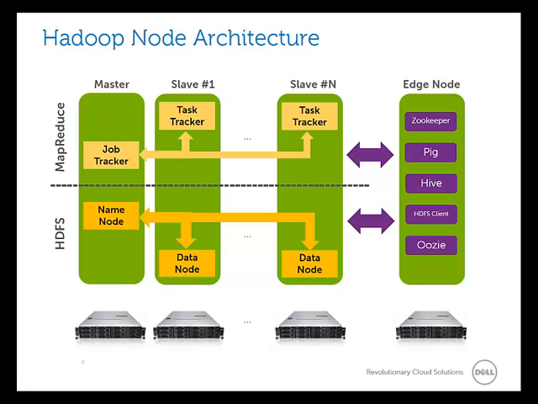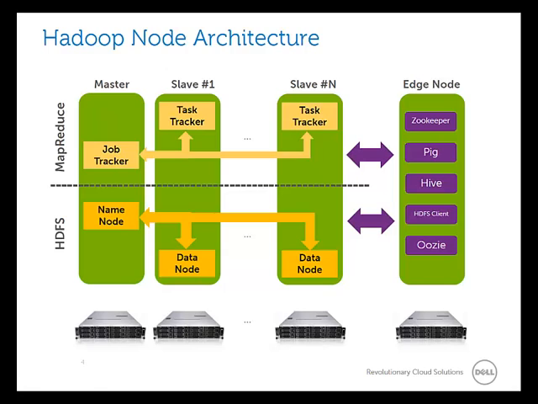Over here, I'm looking at the Hadoop node architecture, and within Hadoop there are different types of nodes. The master node in Hadoop runs both a job tracker component and a name node component. The job tracker in turn connects to the individual slave nodes that do most of the work within Hadoop, and on each slave node I'll have a task tracker running, and those guys communicate to manage my MapReduce tasks.